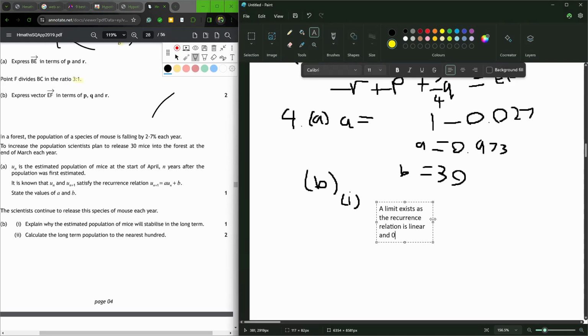And -1 is smaller than 0.973, which is smaller than 1. If it's greater than 1, then it will just fly off into infinity. If it's less than -1, it'll fly into negative infinity. So you can just kind of copy and paste this in.